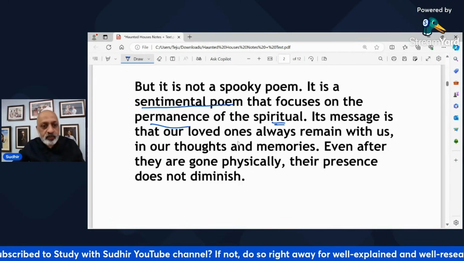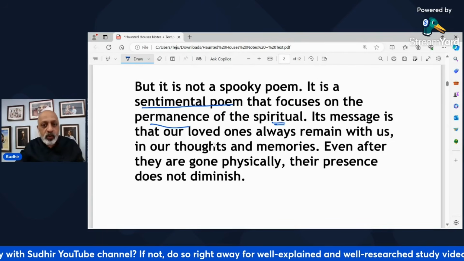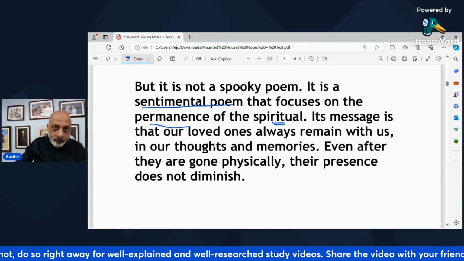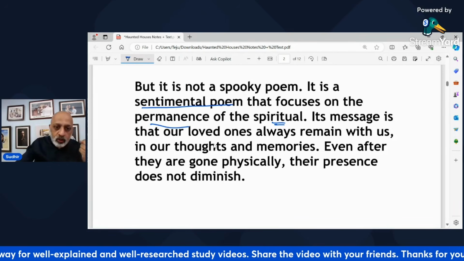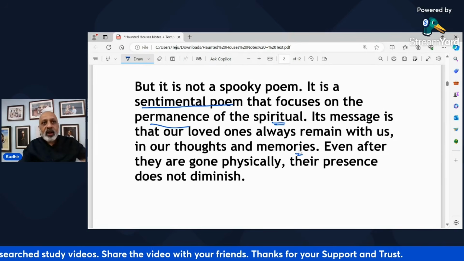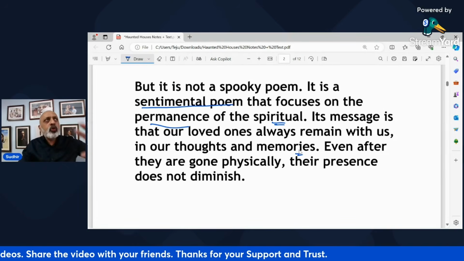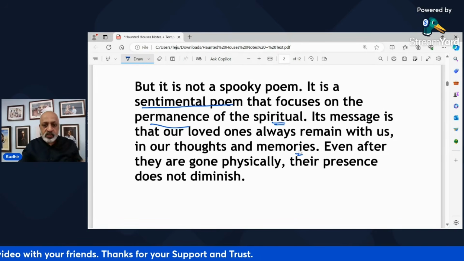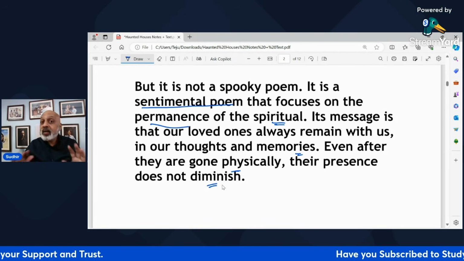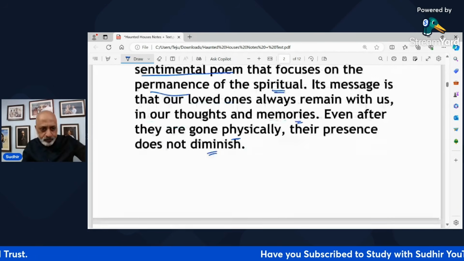So the message is that our loved ones always remain with us even after they are dead and gone, because they live on in our thoughts, in our memories. Obviously, if let's say your grandfather is no longer with you, you always remember the person, right? So even after they are gone physically, their presence does not go away.